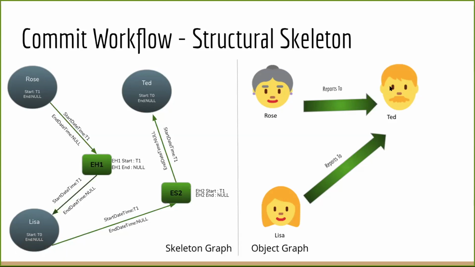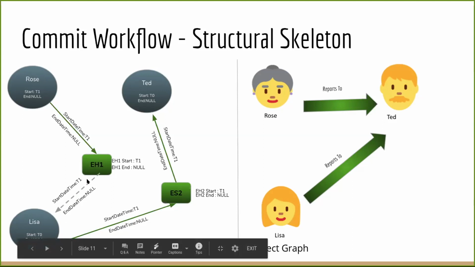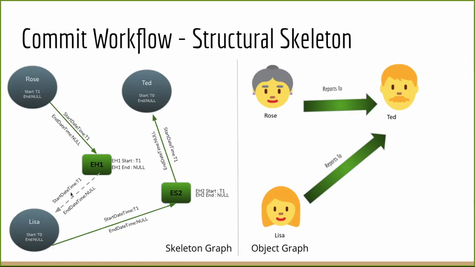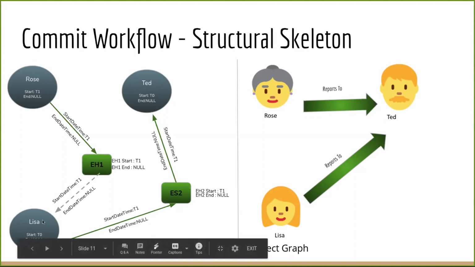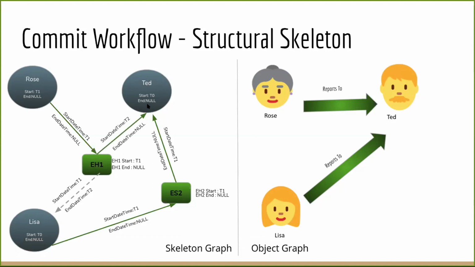So to represent that in the skeleton graph, the existing edge going from the hub to Lisa is invalidated, and it is invalidated by assigning a non-null end date time to it. And in its place, a new edge is created going from the hub pointing to Ted.